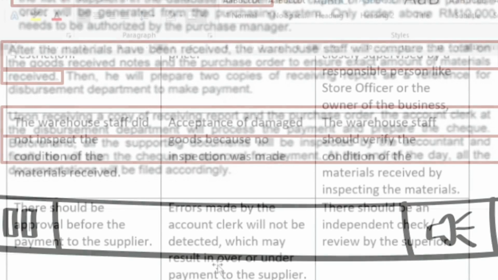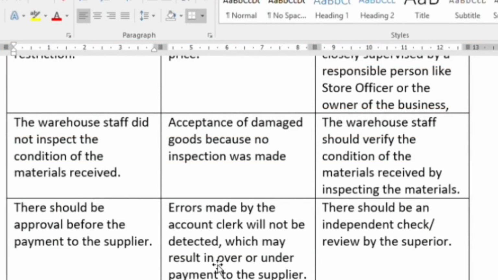So the warehouse staff did not inspect the quality and condition of the material. This will result in acceptance of damaged goods because no inspection was made. So what we can do is the warehouse staff should verify the condition of the materials received by inspecting the material.